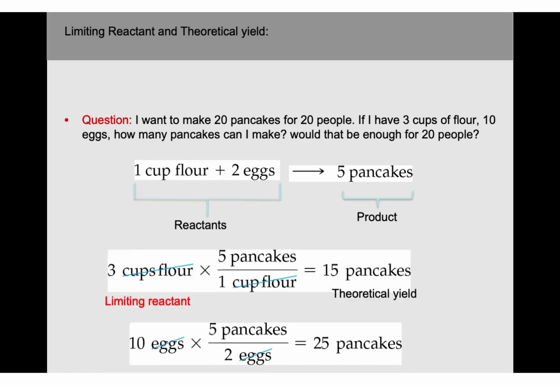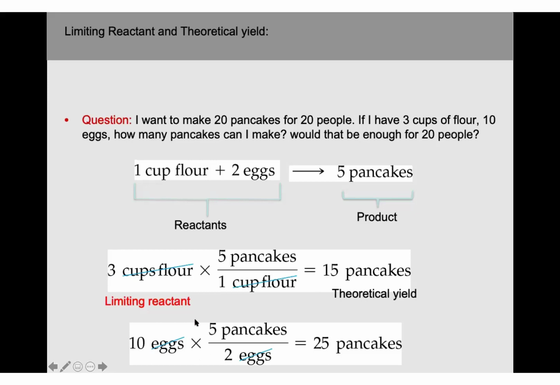I should do some calculations. I have 3 cups of flour in my fridge. Based on this equation, for each 1 cup of flour, I can make 5 pancakes. So how many pancakes can I make with my 3 cups of flour? 15 pancakes.